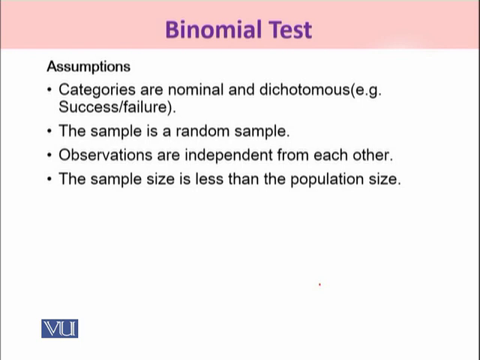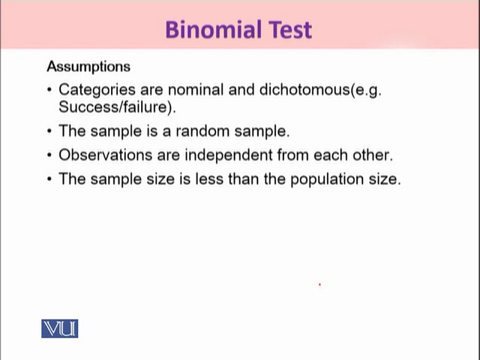For example, yes or no, or pass or fail. These are all possible categories of a certain variable, so these types of variables are known as dichotomous. And why are we talking about the nominal scale of measurement here, students? Because if we are talking about success or failure, we can place the success first or the failure last. So these are just the names of the categories.